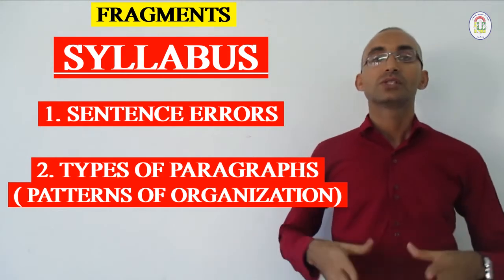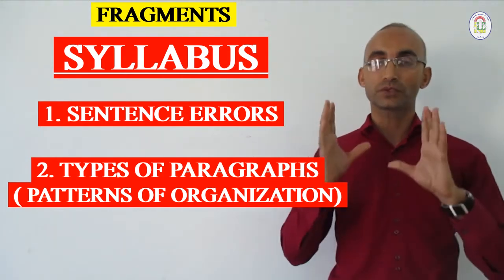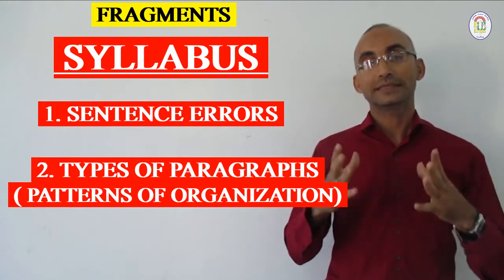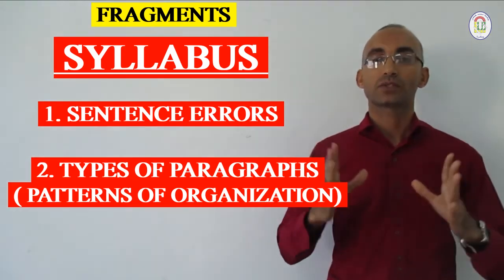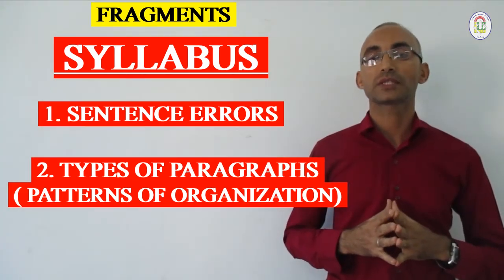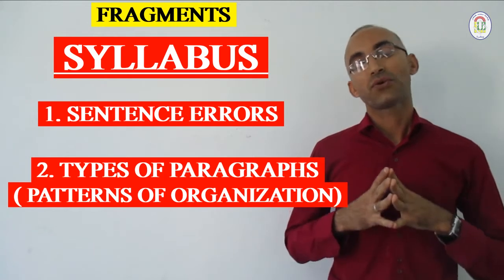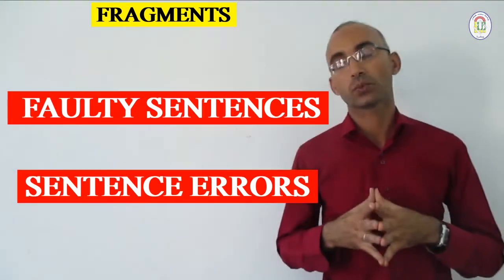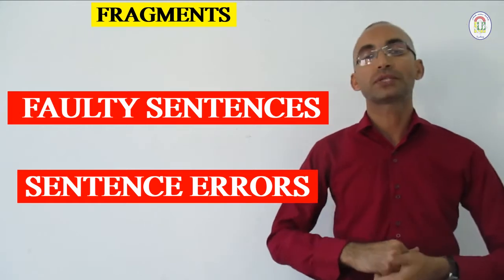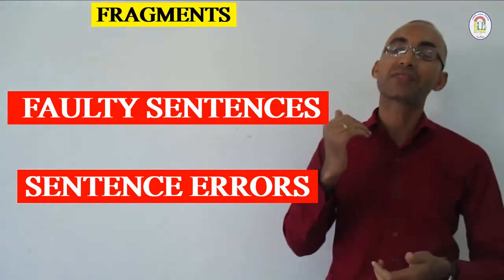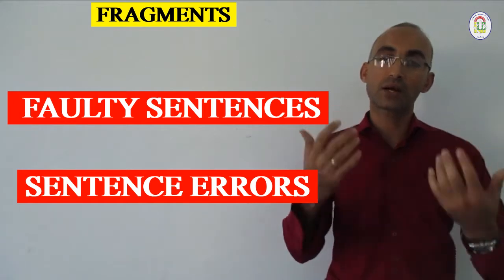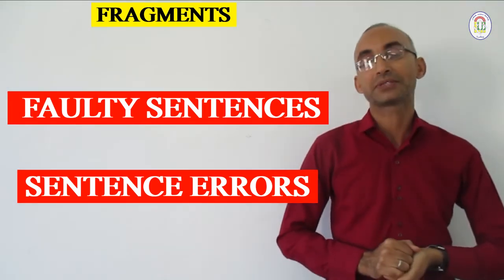Clear? Now, in this video, we start with the first lesson, which is included within our first part, the faulty sentences or sentence errors. We'll see different types of errors that might occur at the level of the English sentence, and the students also may make these errors and mistakes.